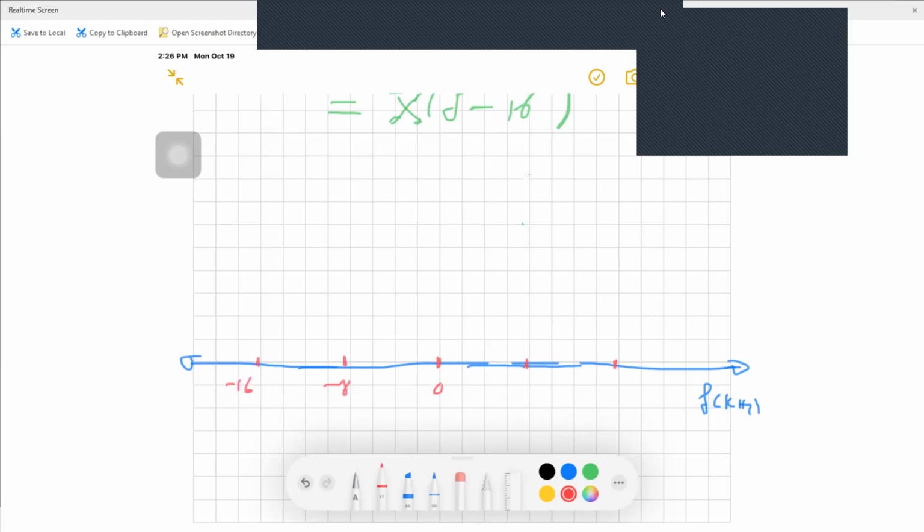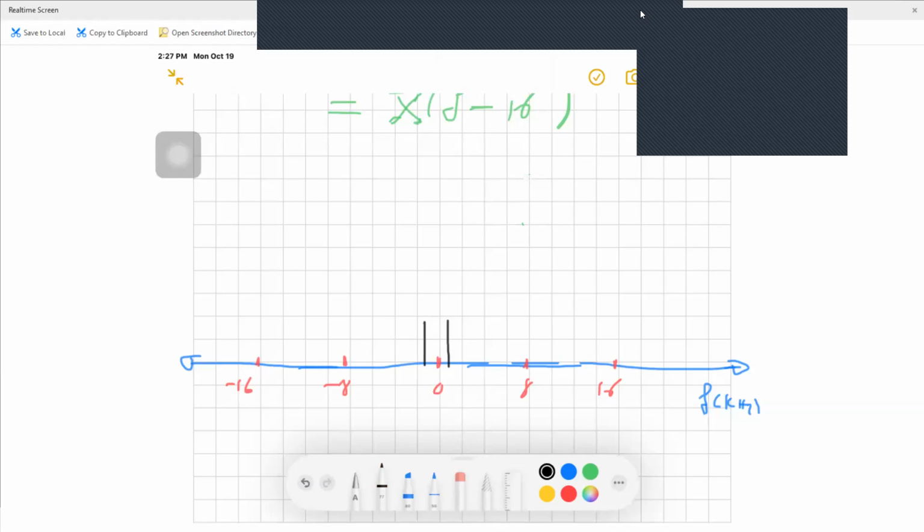When we convolve X(f) with delta of f, it will be X(f) itself, so this is the first component, appearing at this point.